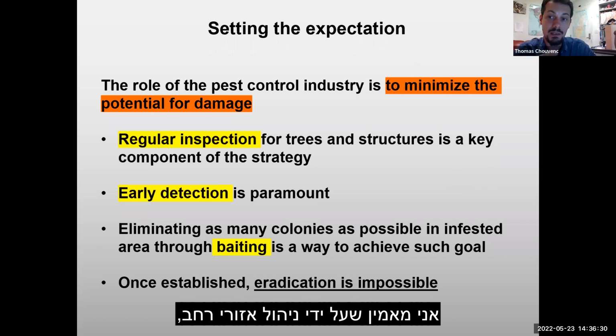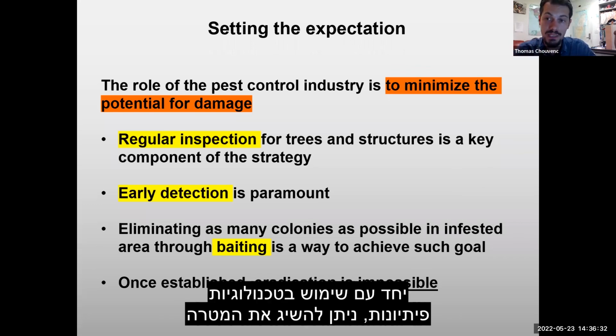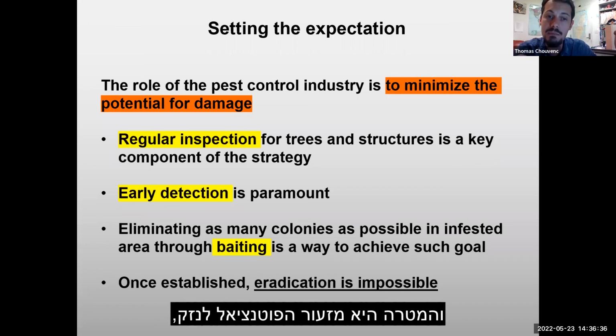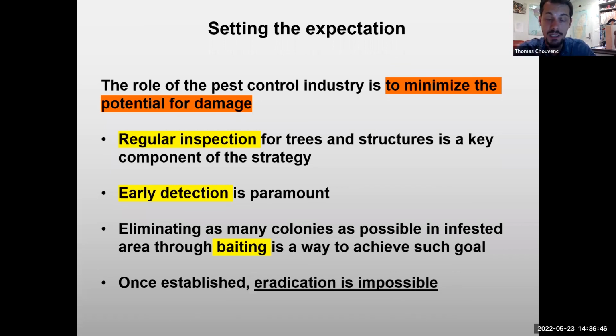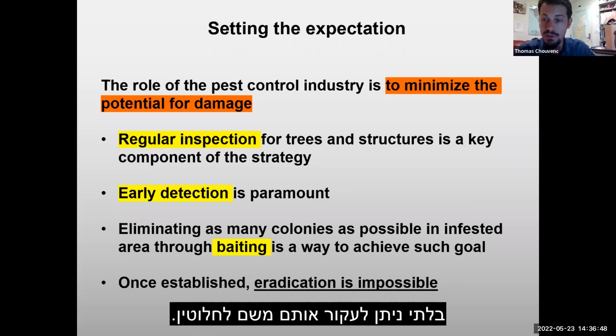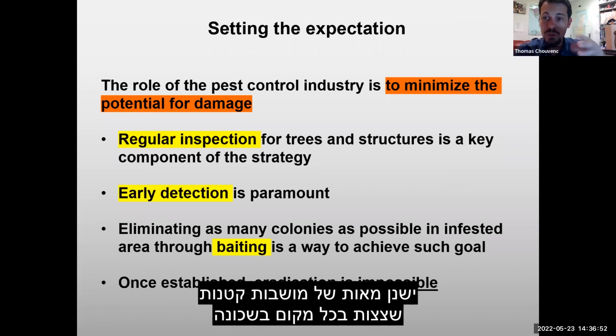And I believe that area-wide management using bait technology can achieve a goal. And the goal is minimizing the potential for damage. Because there is one very important thing to understand: once this termite species is established in an area, eradication is impossible. As soon as you have a swarm, you have hundreds of small colonies starting everywhere in the neighborhood.